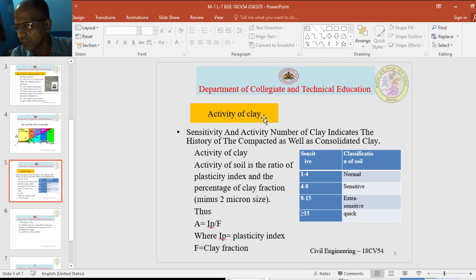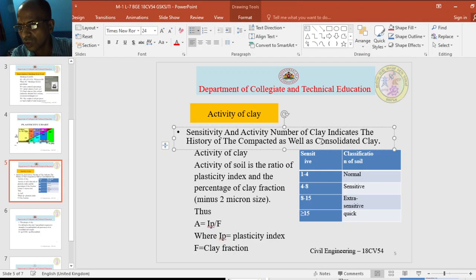Next, the activity of the clay. Sensitivity and activity of the clay indicate the history of the compacted as well as consolidated clay. So what is meant by activity of the clay? Activity of the soil is the ratio of the plasticity index to the percentage of clay fraction, of size less than 2 micron.